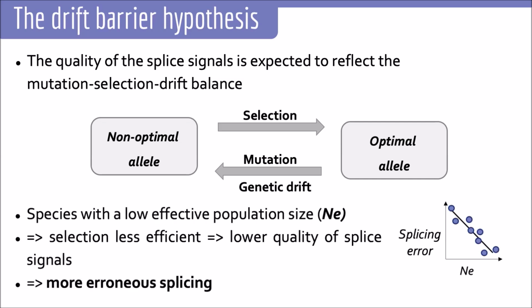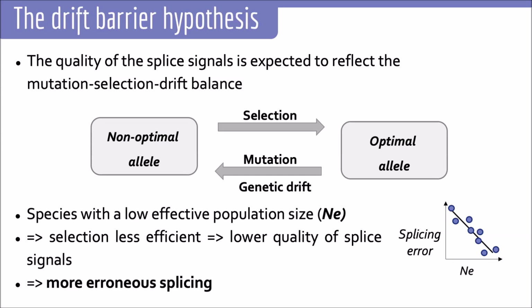And in species where the effective population size is small, the intensity of genetic drift is large, which leads to decreased efficiency of selection. And therefore, it is expected that this should lead to lower quality of splice signals.